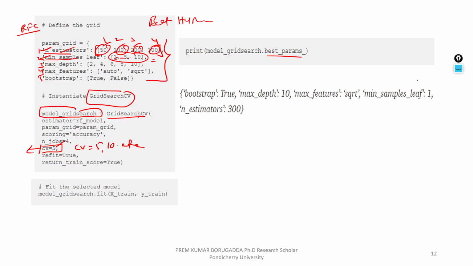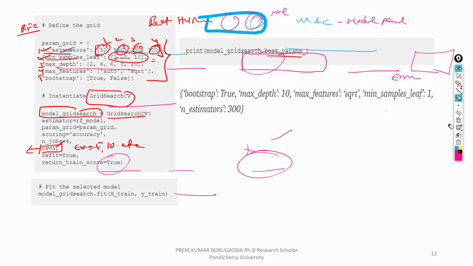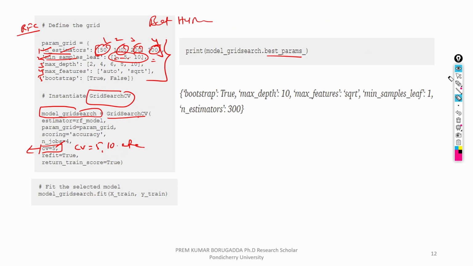If you see, bootstrap is identified as True, and max depth is 10. So from the max depth values it identified 10, max features is sqrt, minimum samples leaf is 1, and n_estimators is equal to 300.